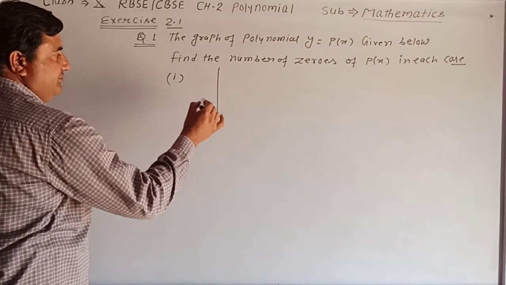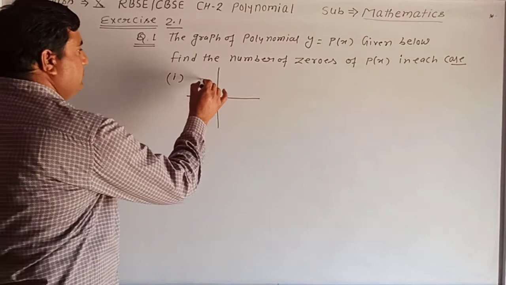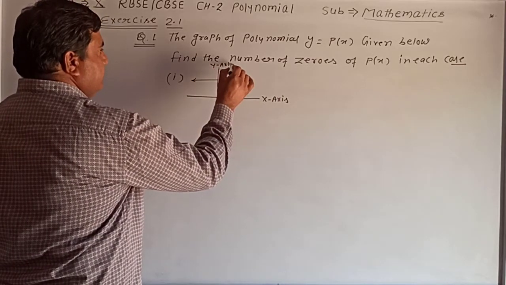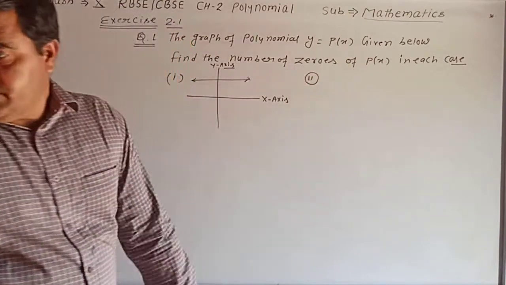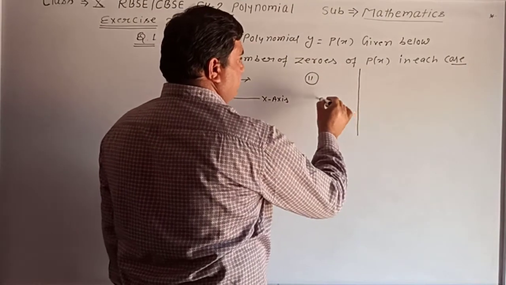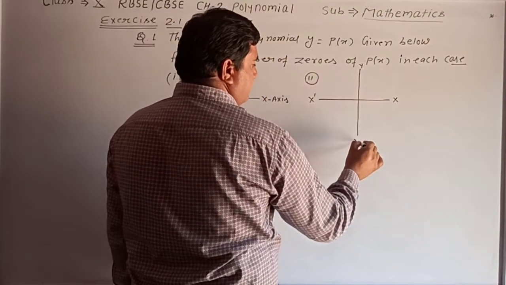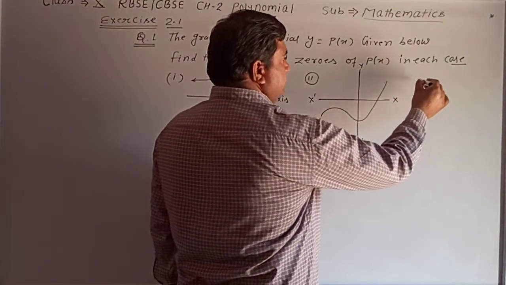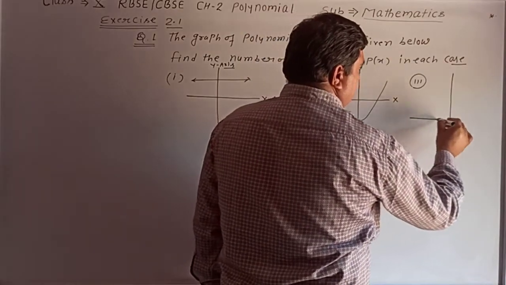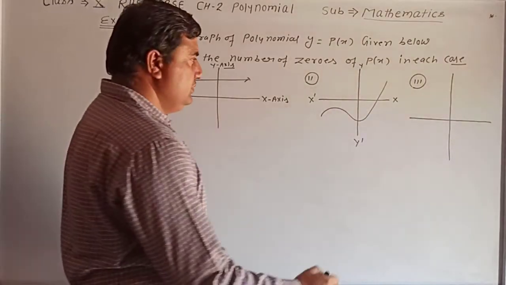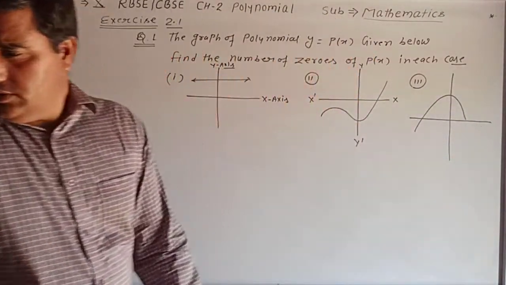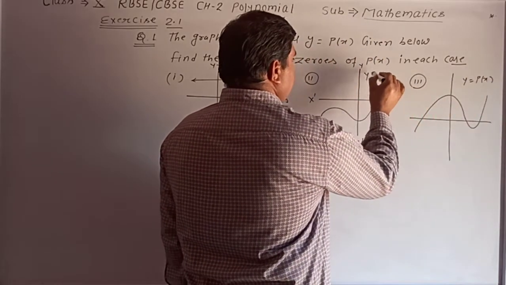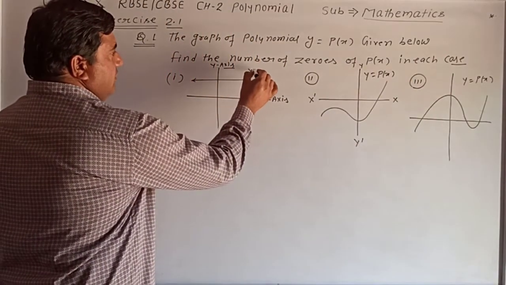First, given graph. X-axis, y-axis. Second, third, y equals to px, y equals to px, y equals to px.